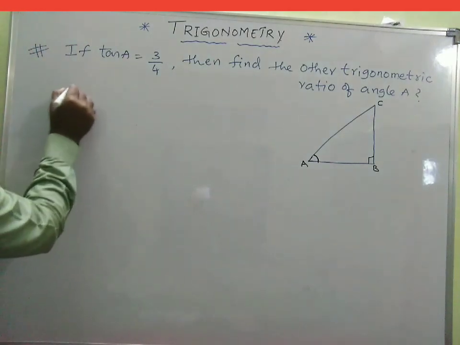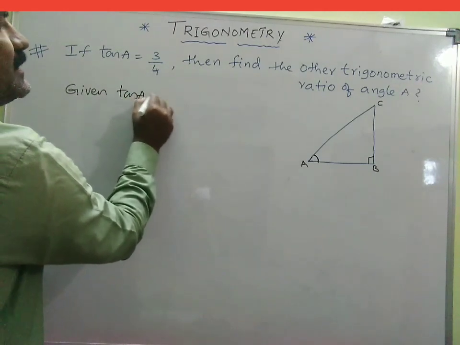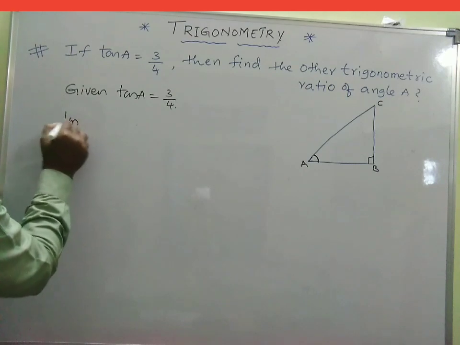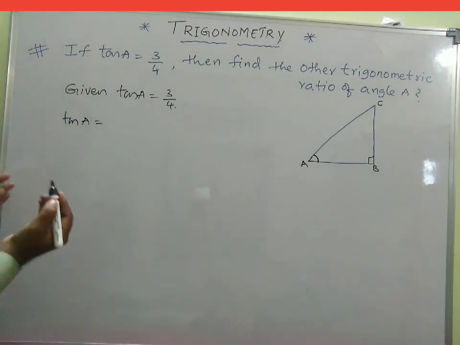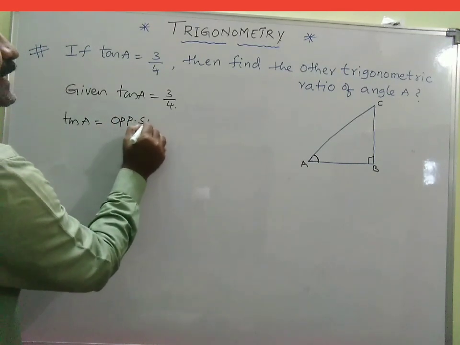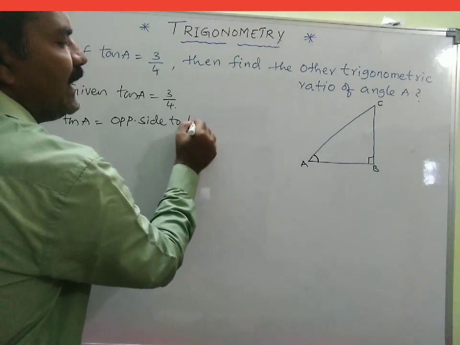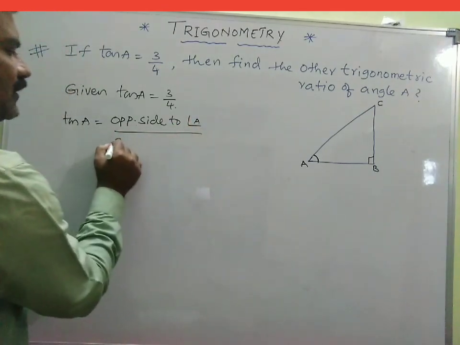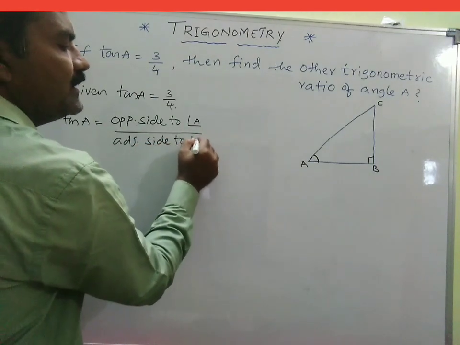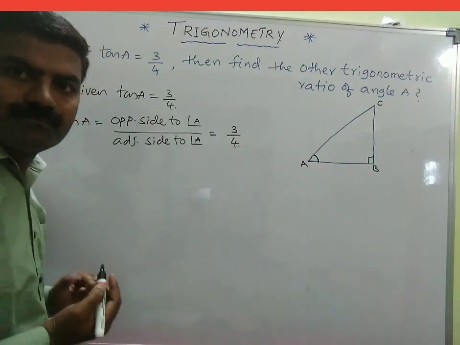So see what is given: tan A is equal to 3 by 4. So what is actually the formula for tan? The ratio between the opposite side to angle A by the adjacent side to angle A, which is given as 3 by 4, isn't it?